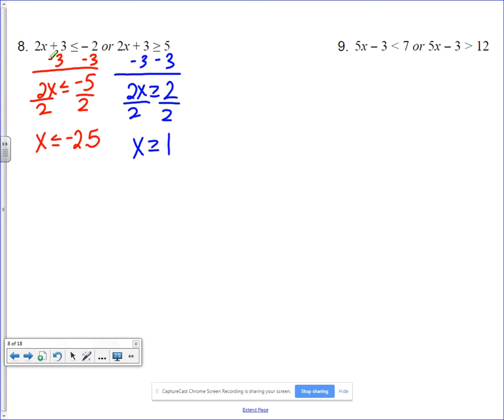I need a number line. Which one goes on there first? Okay, what kind of circle in the negative 2.5? Which way? I'm not sure. I'm wondering the same thing, Luke. And or, Gage? Everything or overlap? Everything. So the only place that there are no answers are right in the middle. Everything lower than negative 2.5 is good. Everything higher than 1 is good.